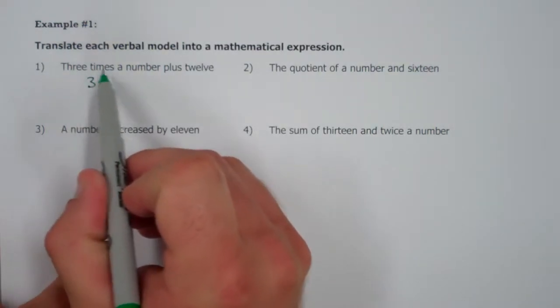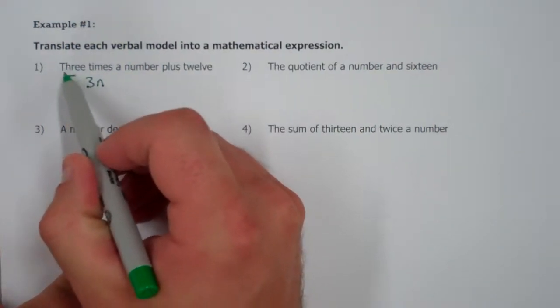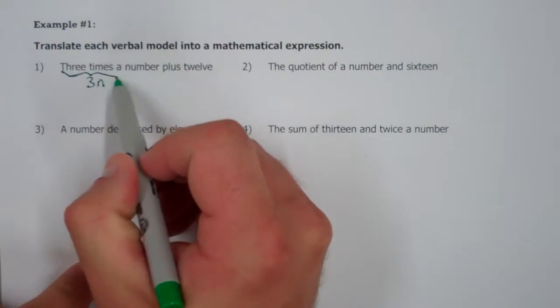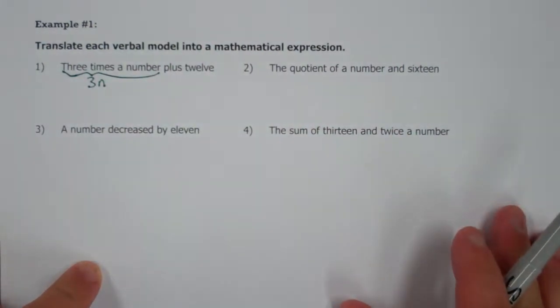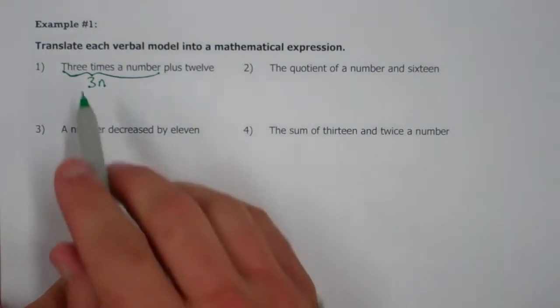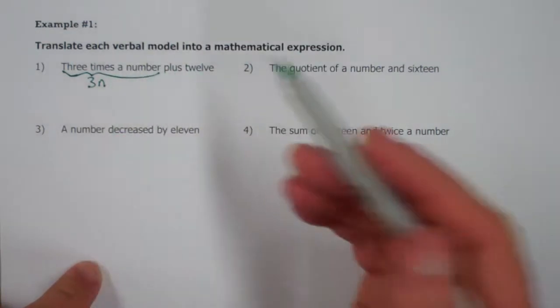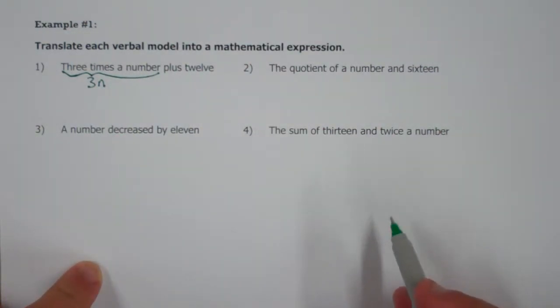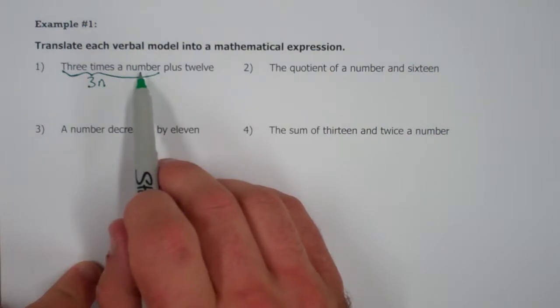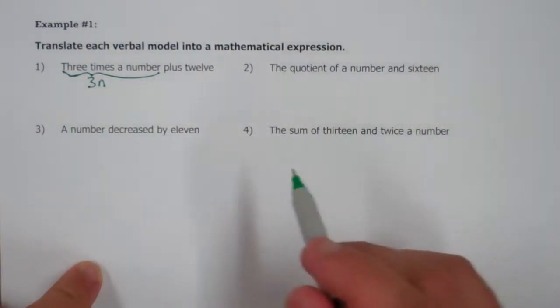So this part right here, 3 times a number, when we translate that into algebra, that's just going to be 3n, or 3 times n. You can choose any variable you want for the number. That's the unknown. That's the quantity we don't know that might vary, and so we use a variable for it.